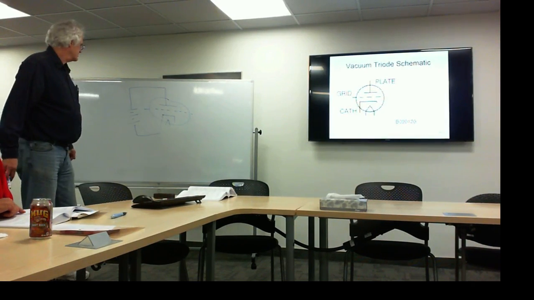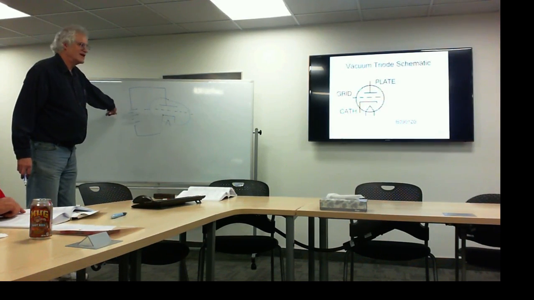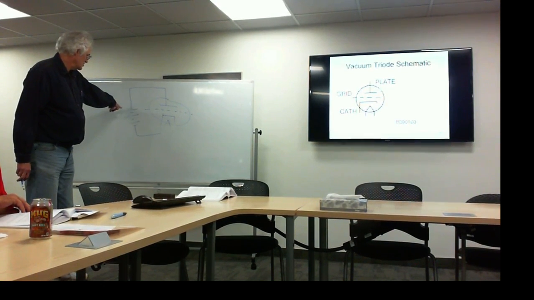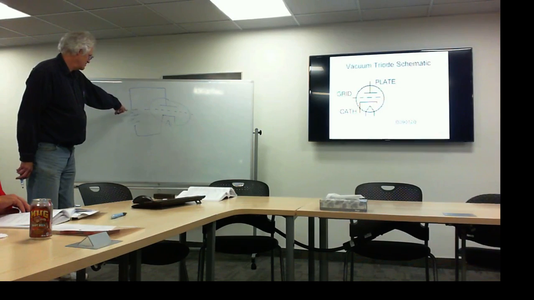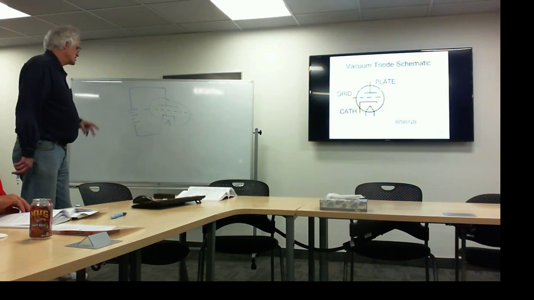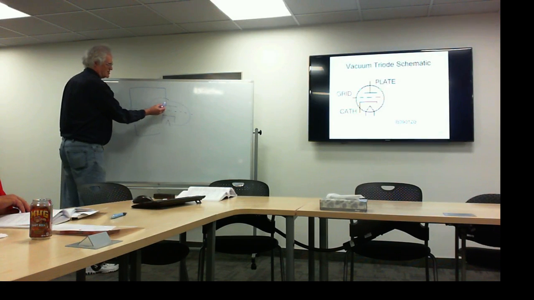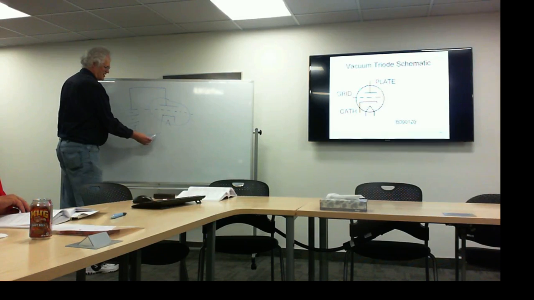Just to refresh, you should probably know it, but the battery convention is that the long stroke or long bar is always the positive, the shorter one's always the negative. So here, there's our old vacuum tube diode, no different so far.